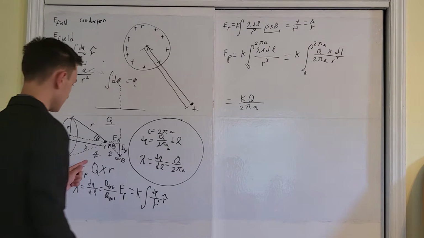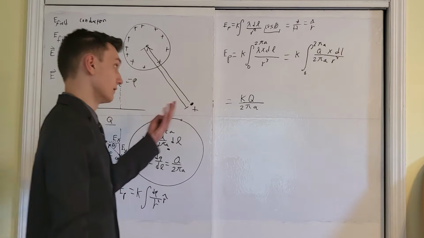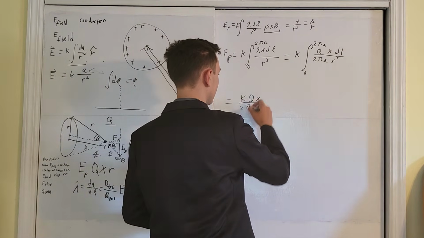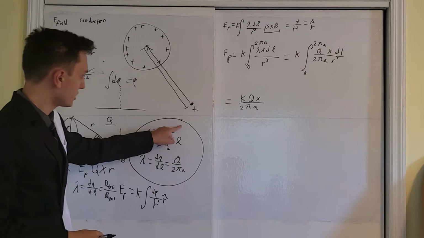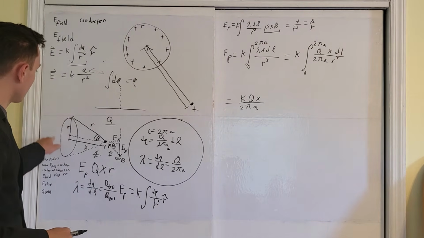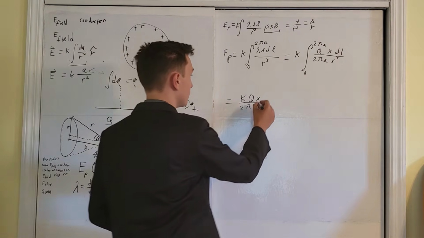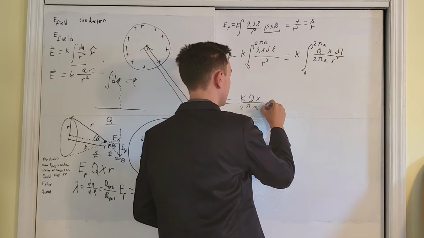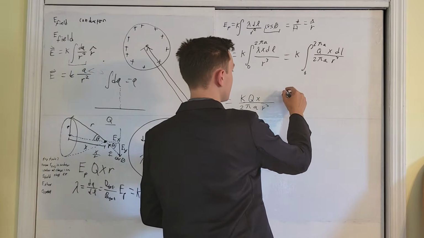x is the distance between point P and the center of the ring. Therefore, it's a constant. It's going to get pulled out. r to the third. Even as I change the position on my ring, the distance from point P to one of the sections on the ring is not going to change. Therefore, r to the third is a constant. It's going to get pulled out. Therefore, there's nothing left inside my integral.